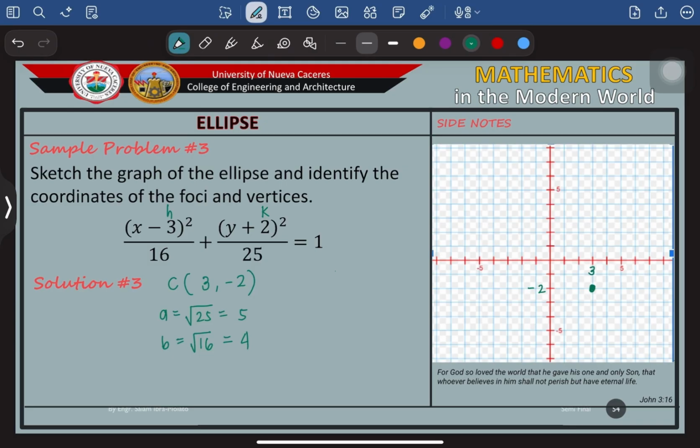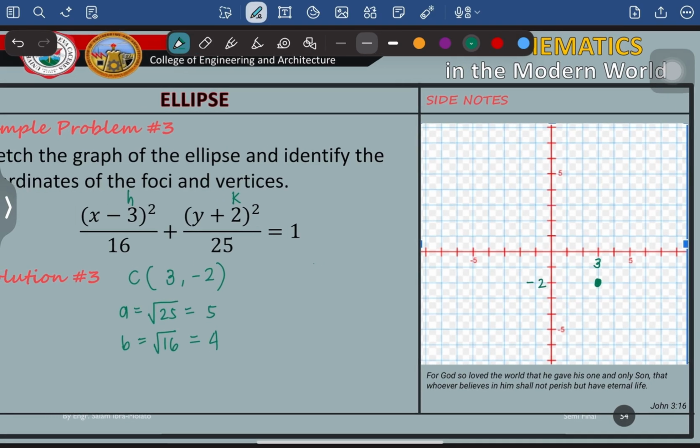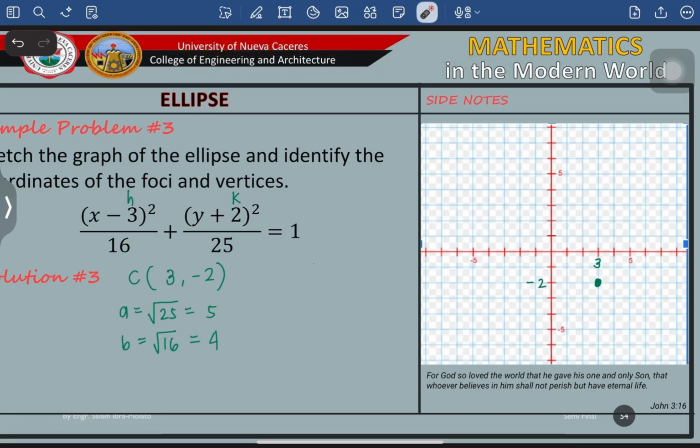So to plot this one, we'll start with the semi-major axis. So let's locate the vertices of major axis. So it is 5 units away from the center. So we are going to count 5 from the center. So 1, 2, 3, 4, 5.